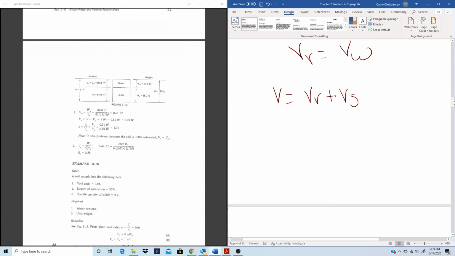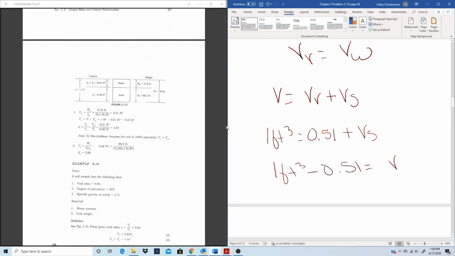Plug my numbers in: 1 feet cubed equals the volume of the voids, which is the same as the volume of water, 0.51, plus your VS. So 1 feet cubed minus 0.51 equals VS, so VS is going to equal 0.49 cubic feet.